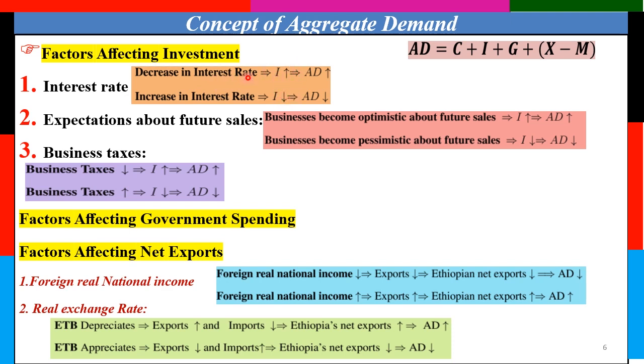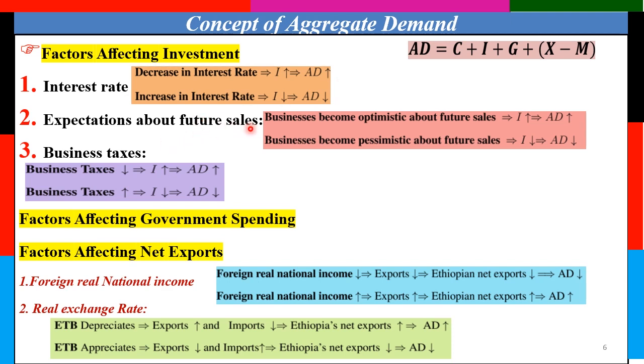A decrease in the interest rate means investment goes up. For this one here, an increase in the interest rate means investment goes down, and at that time aggregate demand also goes down. An increase in interest rates means that investment goes down and aggregate demand also goes down. Sorry for some complexity in this place.